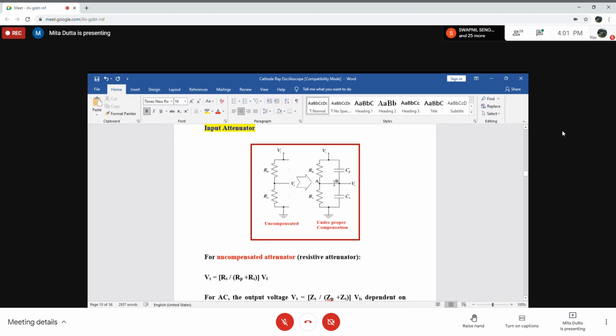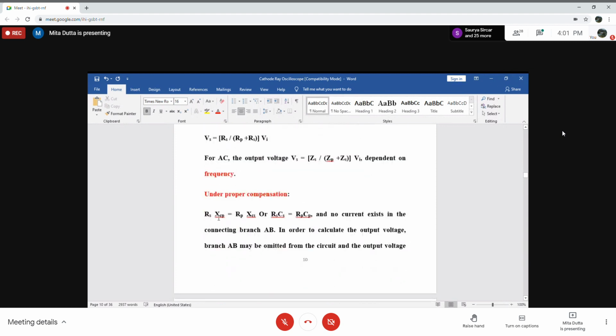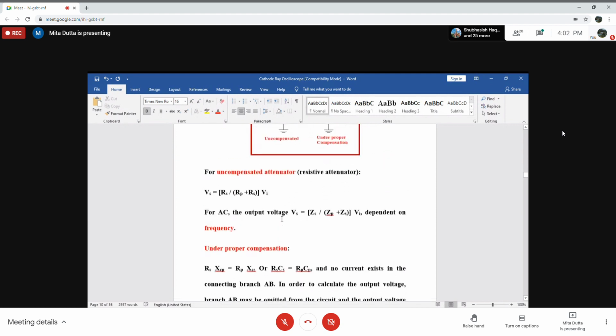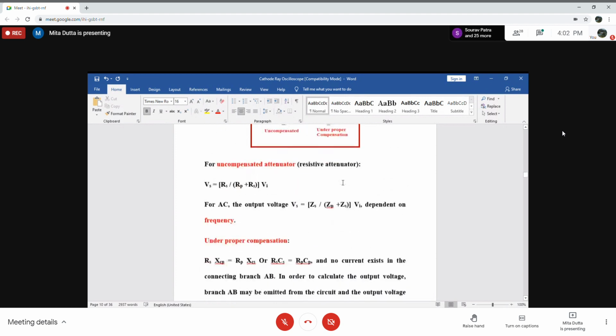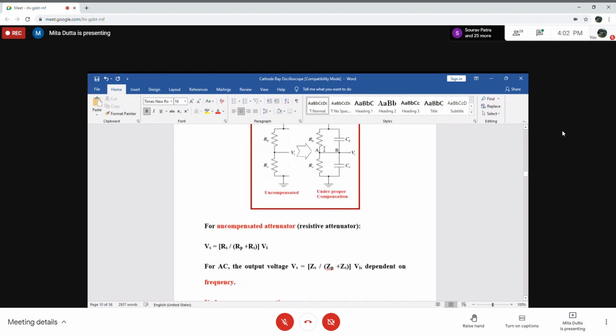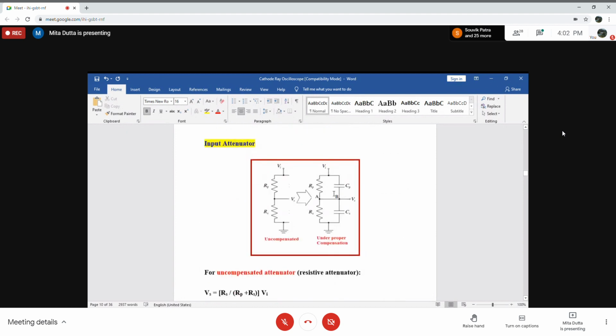So we will remove the wire AB, and at the balance condition, we have RS into XCP equals RP into XCS. Clear? When the bridge is balanced?